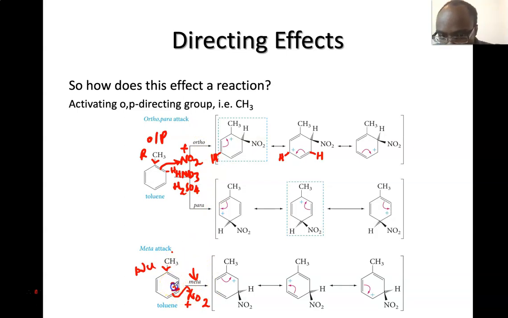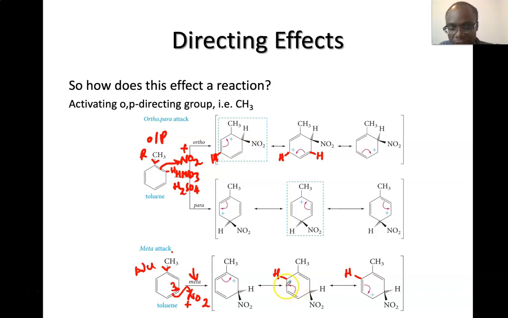So let's assume you're doing meta. Let's see why that's a problem. Then you're going to get this NO2 here. The hydrogen is there. There's a hydrogen here, it's just not shown. The immediate structure that you get from here is this structure. If you push this bond here, you end up with this resonance structure with a plus sign where the bond left, because that carbon is one bond less.